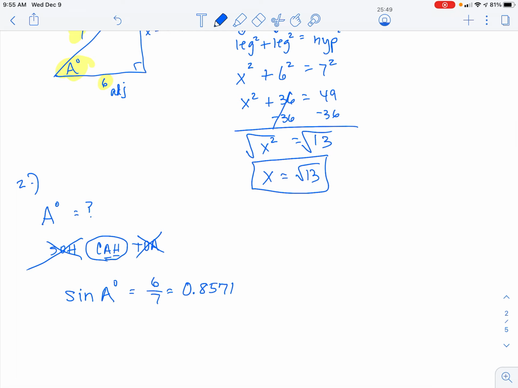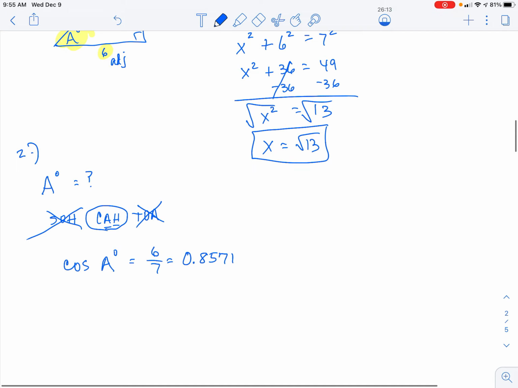So I'm going to take 0.8571 and find the inverse key for, I wrote sine. I wonder if you guys are screaming at me right about now. You're probably sitting there going, Mrs. Quigley, please catch what you did. We need cosine over here.